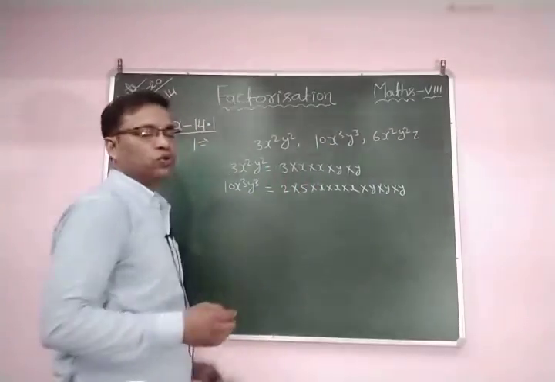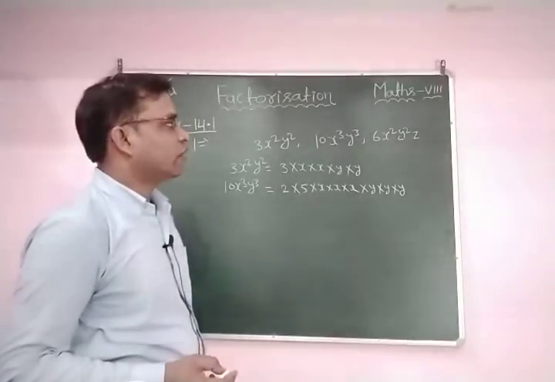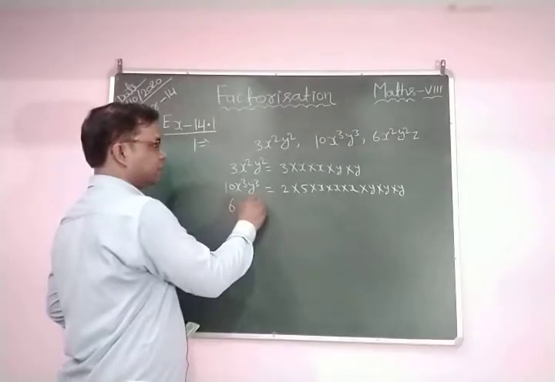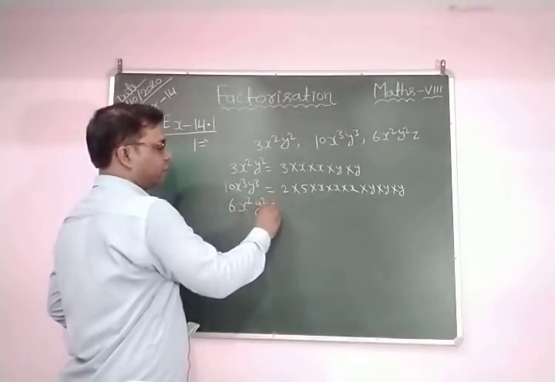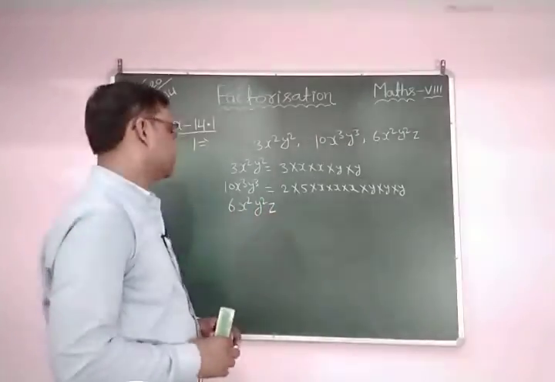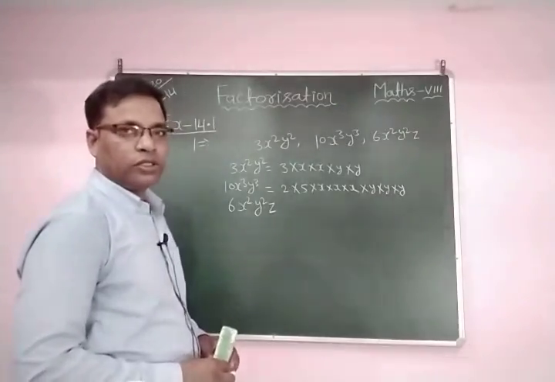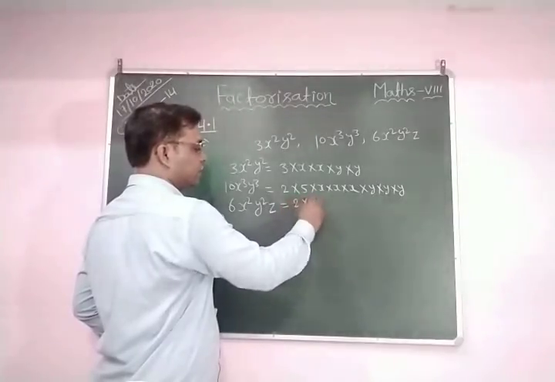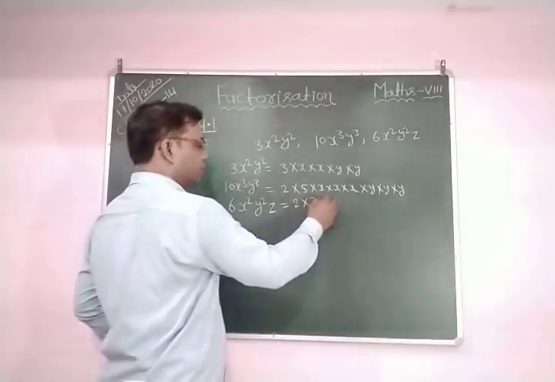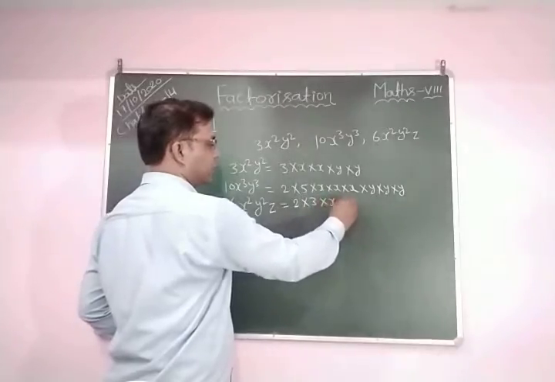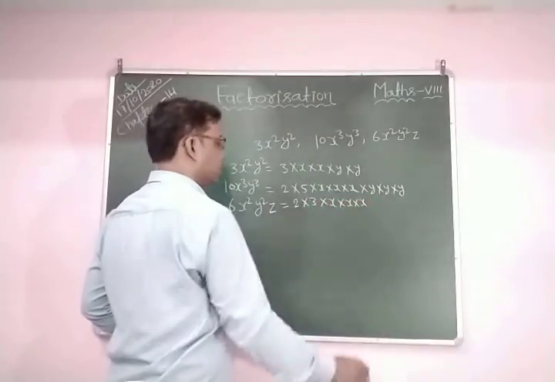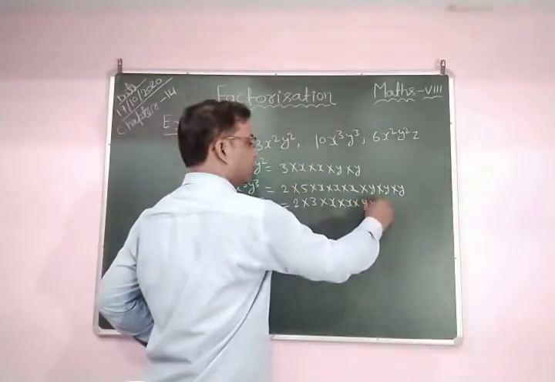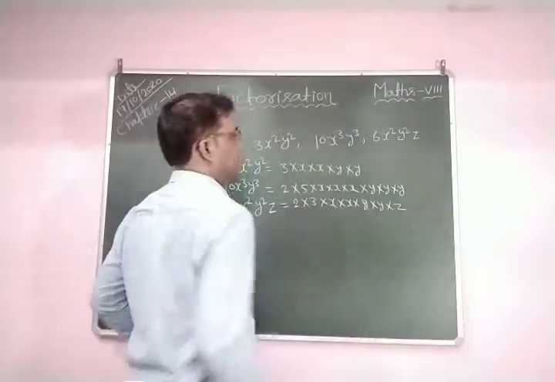Next is 6x square y square z. Again we express it as a product of irreducible factors: 6 is 2 into 3, into x into x, into y into y, into z.